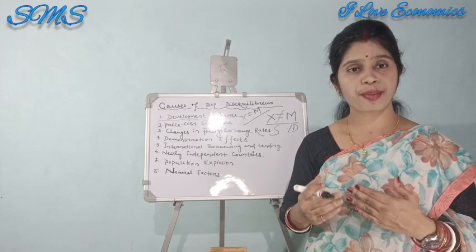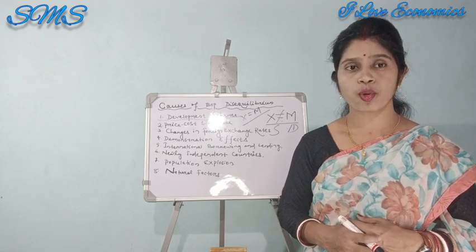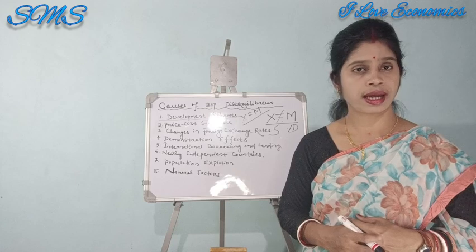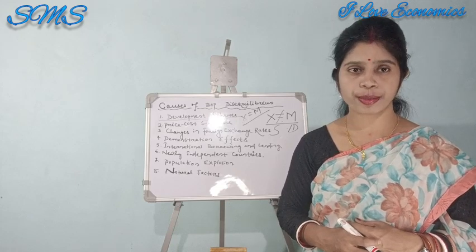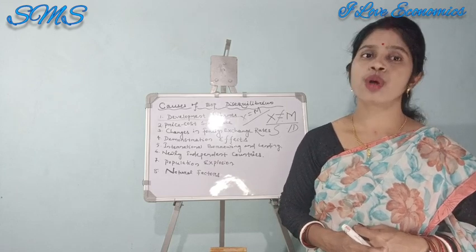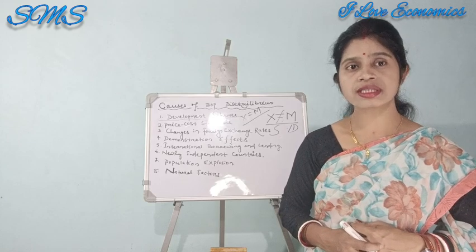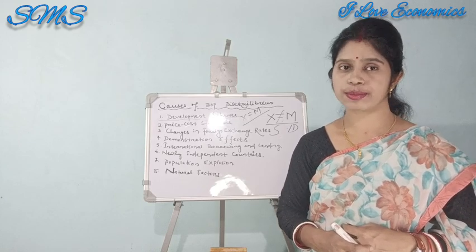So import is greater than export, and the balance of payment is unfavorable. So these are the points which are responsible for the unfavorable balance of payment, that is, disequilibrium of balance of payment.